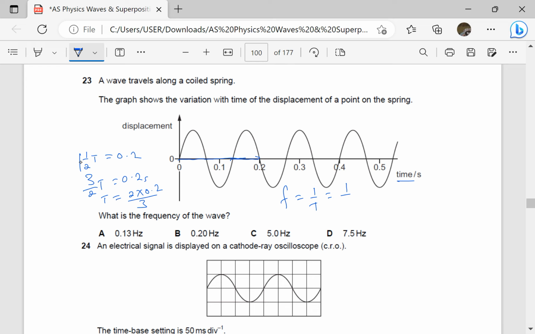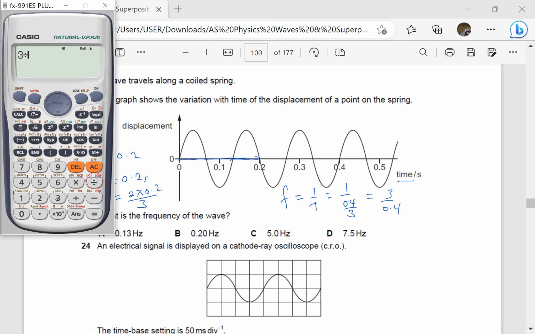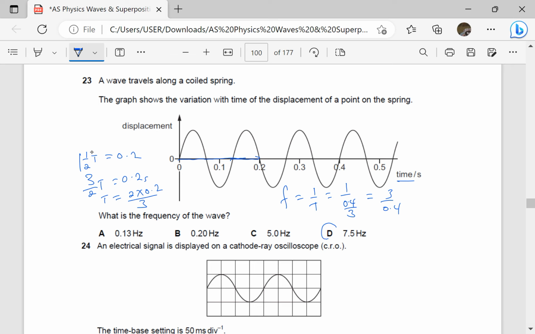So the frequency is 1 over 0.4 divided by 3, which is going to be 3 divided by 0.4. We can check 3 divided by 0.4, and that gives us 7.5. So the frequency is 7.5. Note how I came up with the period. It was very hard for me to estimate here.